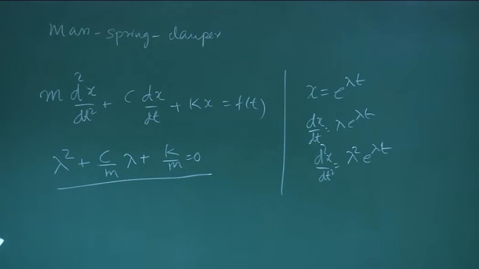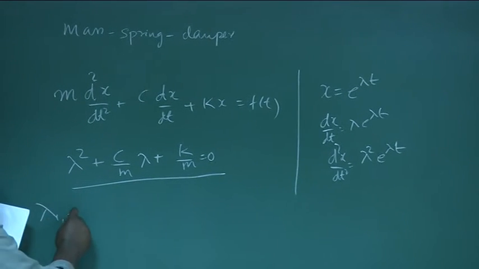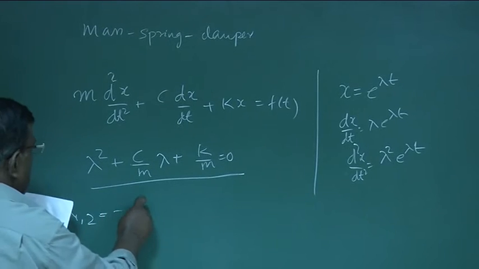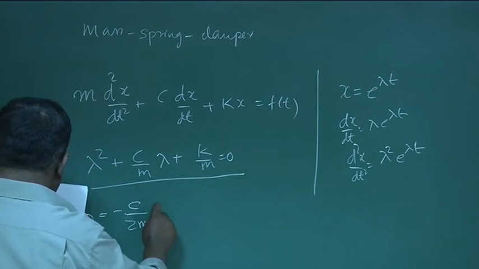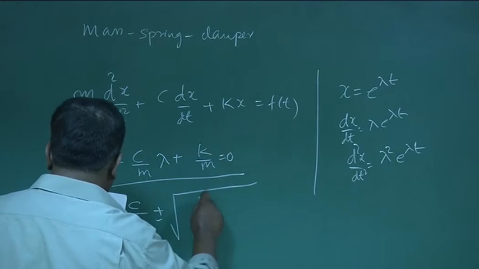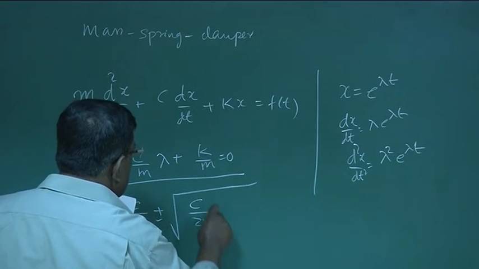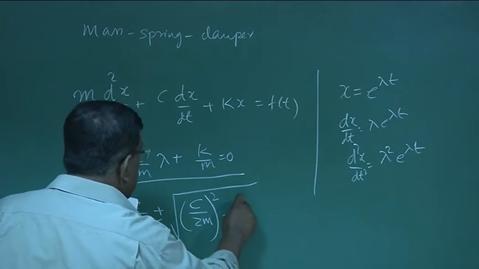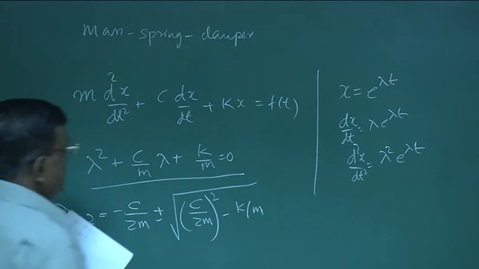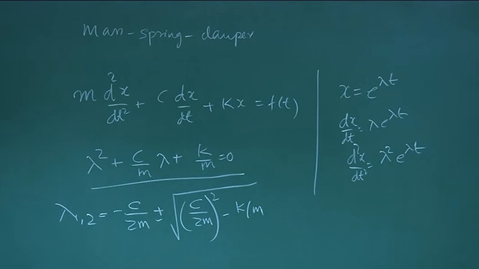And then by solving this quadratic equation, you can write lambda equal to minus c by 2m plus minus under root of (c by 2m) square minus k by m. I am sure you are familiar with this. You have done it in some part of the course.